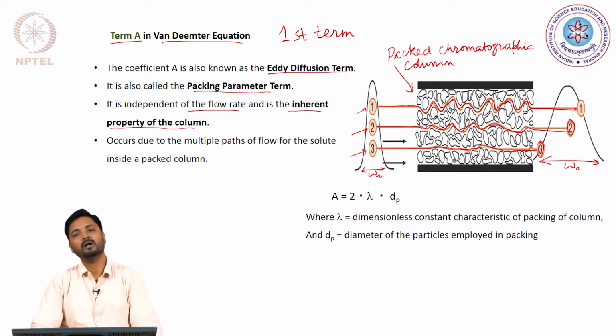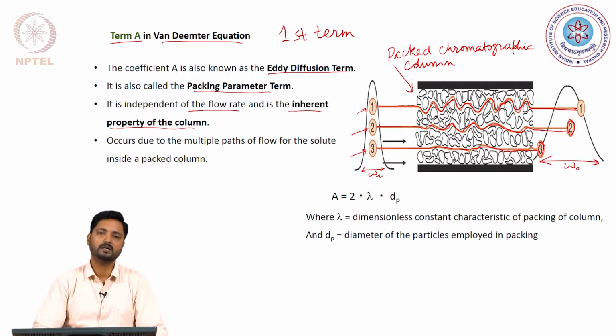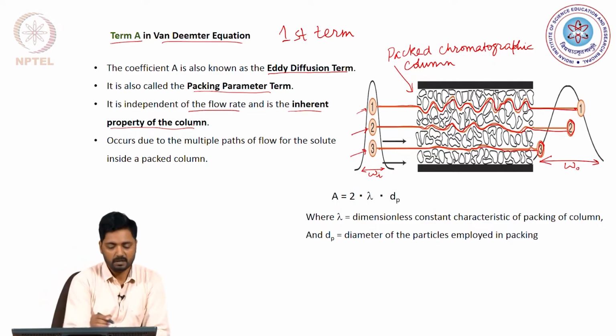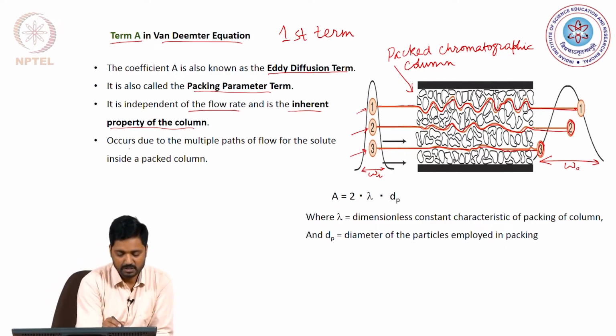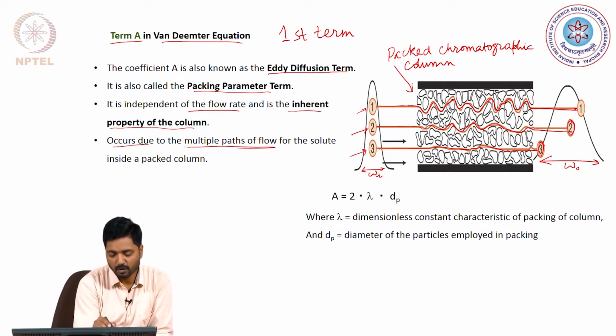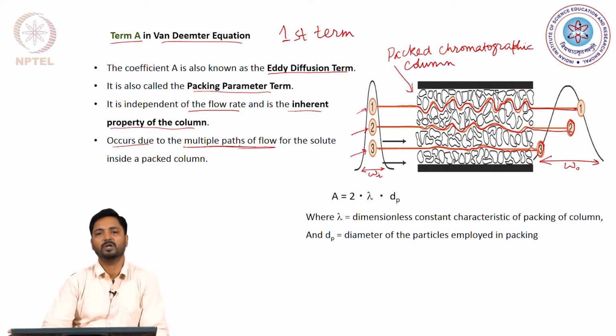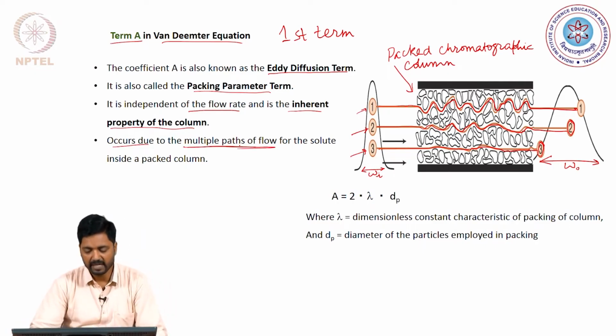So, in a nutshell, the term A in the Van Deemter equation comes due to the multiple paths of flow for the solute inside the packed column.